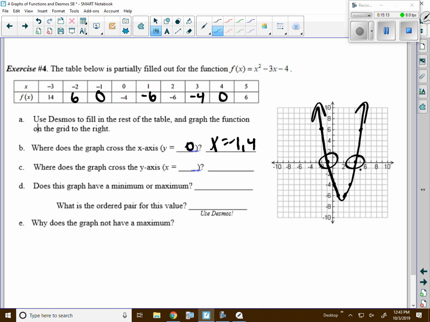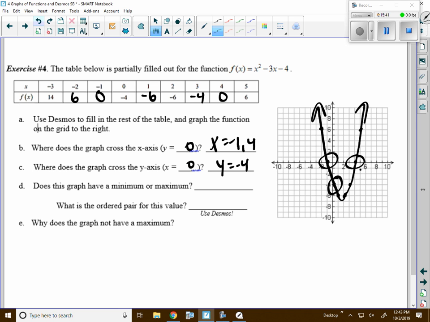Okay, where does it cross the y-axis, or when x is 0? Right there, where it crosses the y-axis. -4.